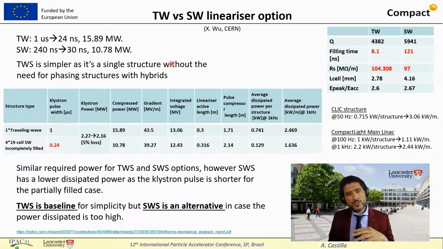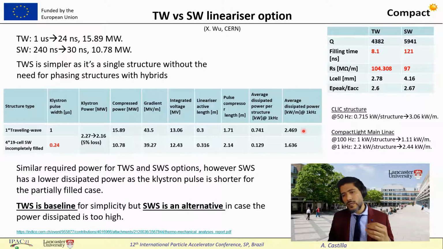The traveling wave structure is simpler just by the fact that it doesn't need to be in pairs and it doesn't need to have these hybrids to avoid reflections. However, one of the advantages of the standing wave option is the fact that the total average dissipated power is a bit lower than the traveling wave structure.